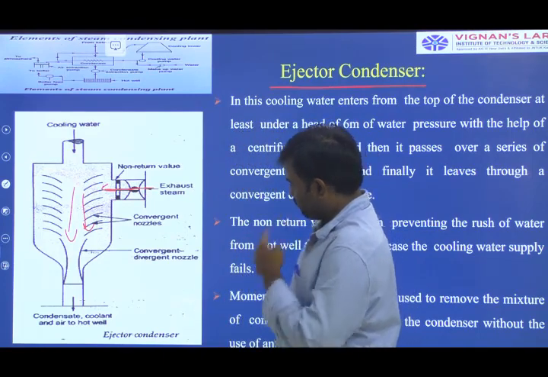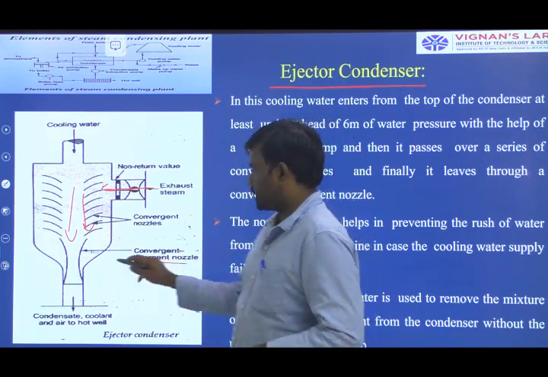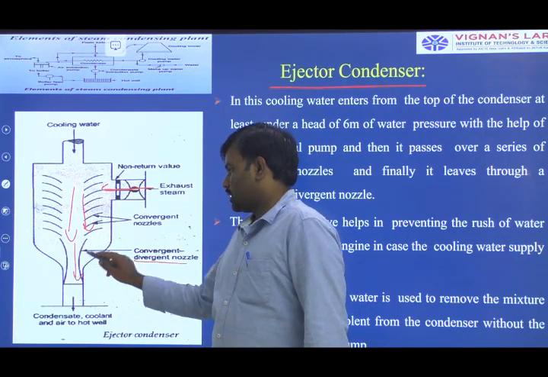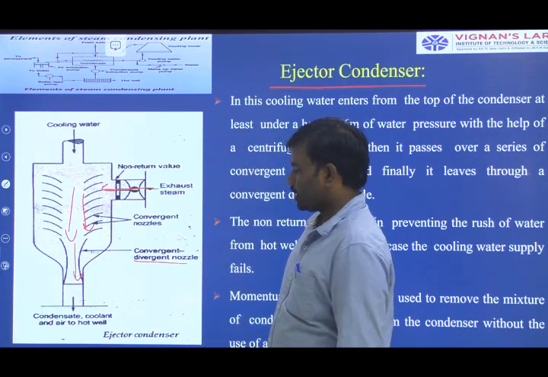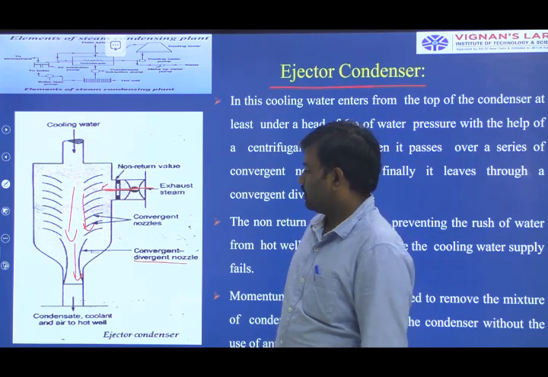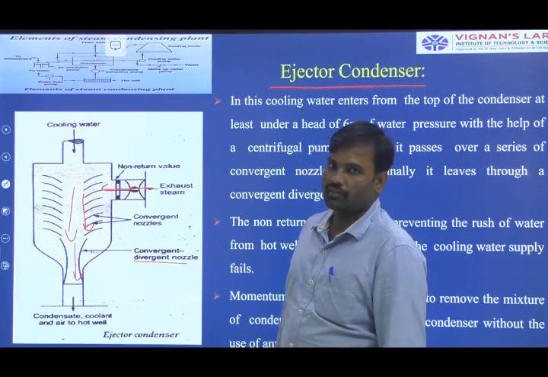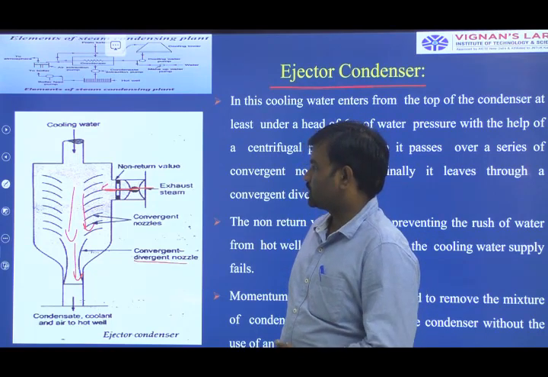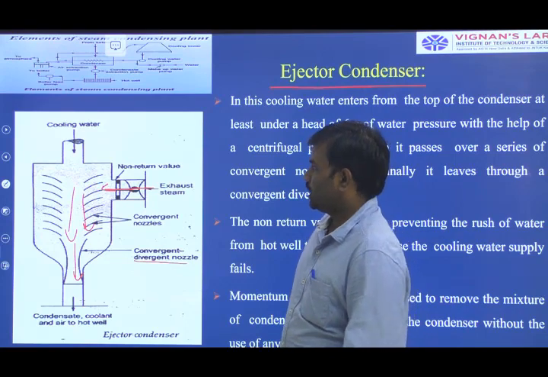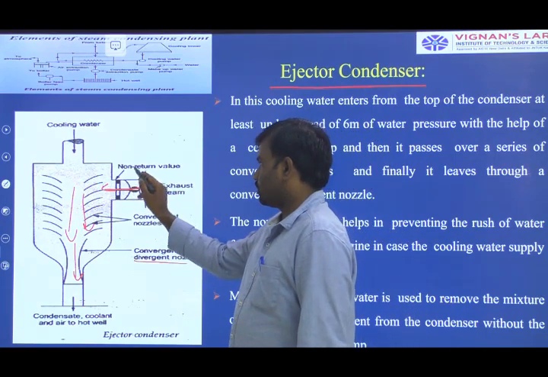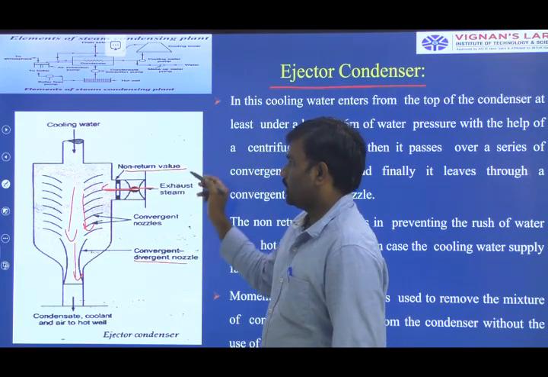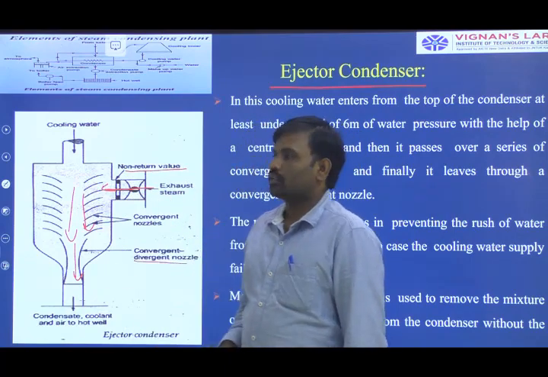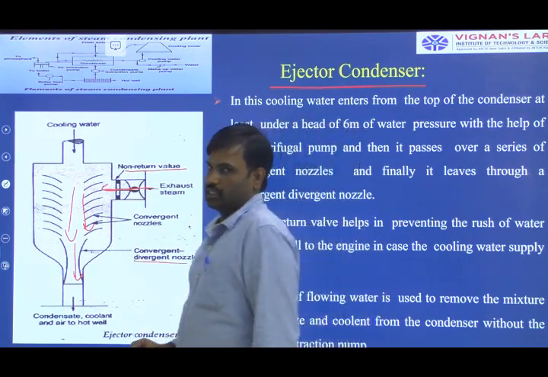A convergent divergent type of nozzle is used to collect the condensate mixture, and that condensate mixture we use for generating the steam in the next cyclic operation. Through the non-return valve, we are sending the exhaust steam into the ejector type of condenser section.